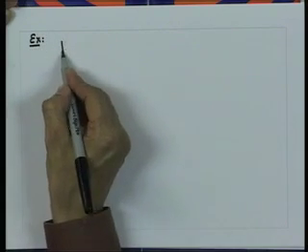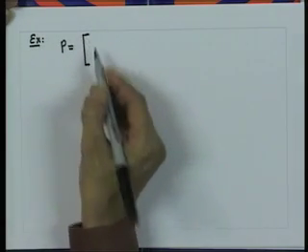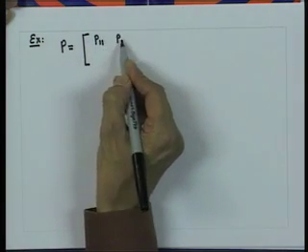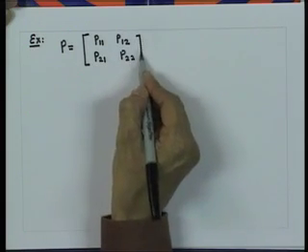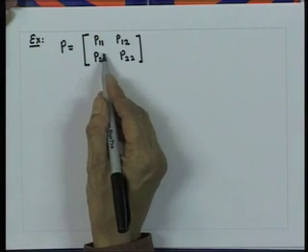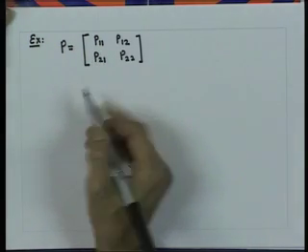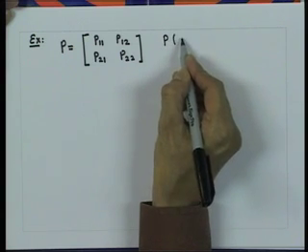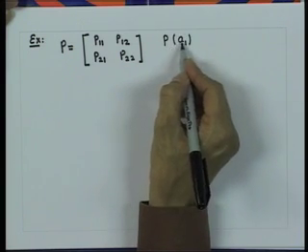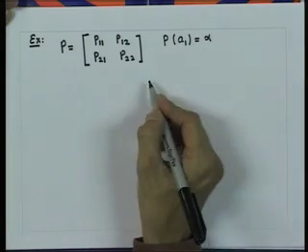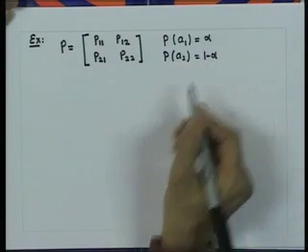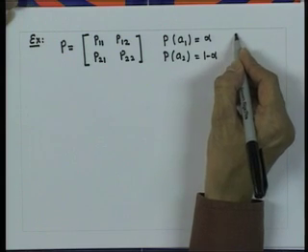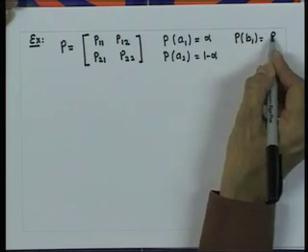So, if we have a binary channel with a channel matrix given by P = [p11, p12; p21, p22], where p12 is not necessarily equal to p21, and we assume that for the input alphabet P(a1) = alpha, so P(a2) = 1 - alpha, and for the output alphabet B, probability of b1 is equal to beta.